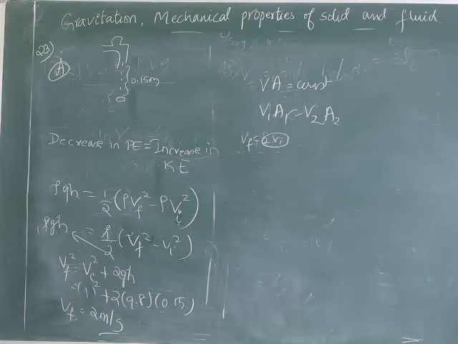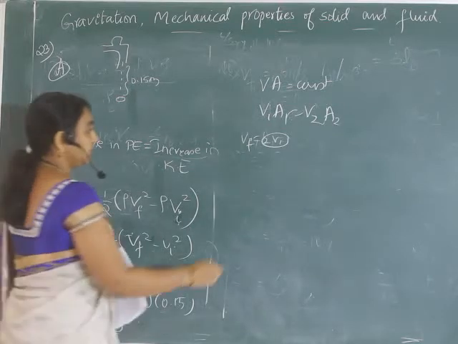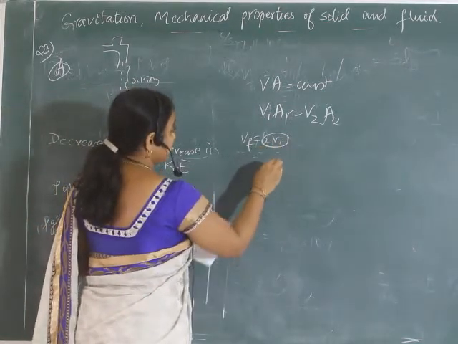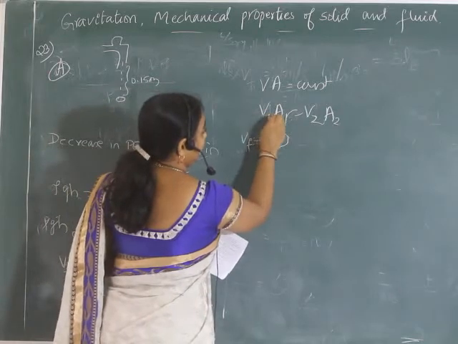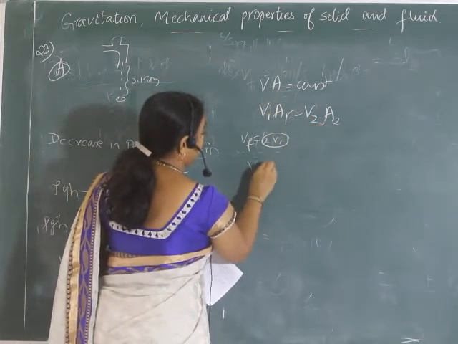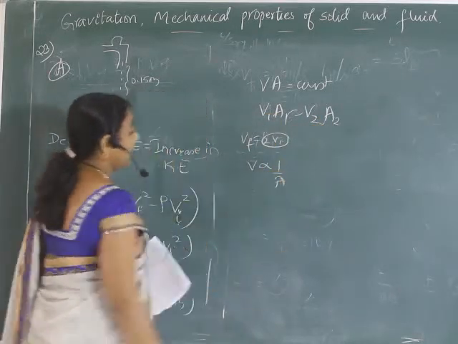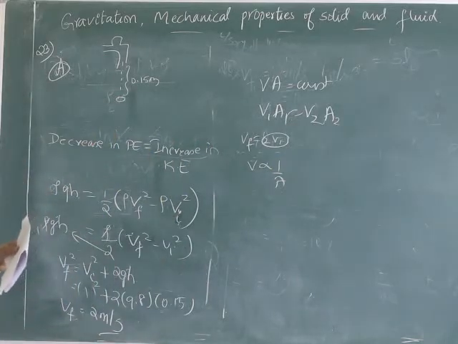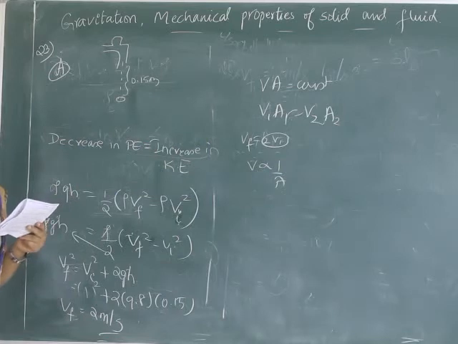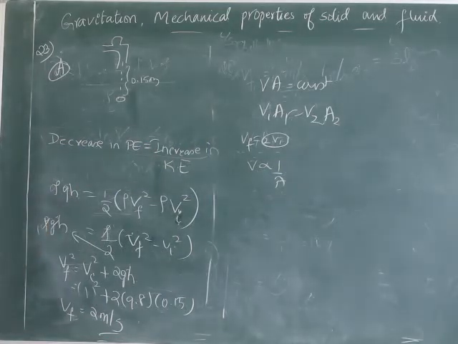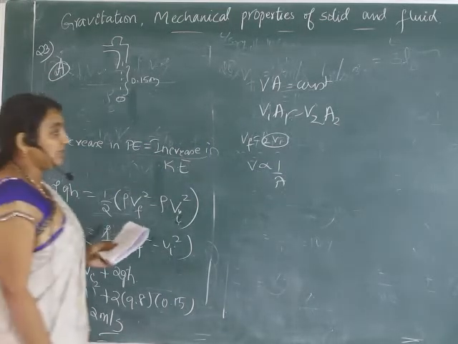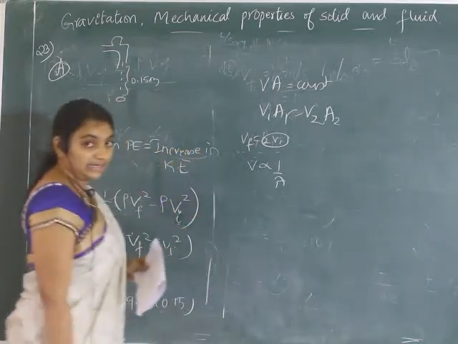Therefore, since it is twice, V is inversely proportional to area. As velocity is increased by 2 times, area decreases.